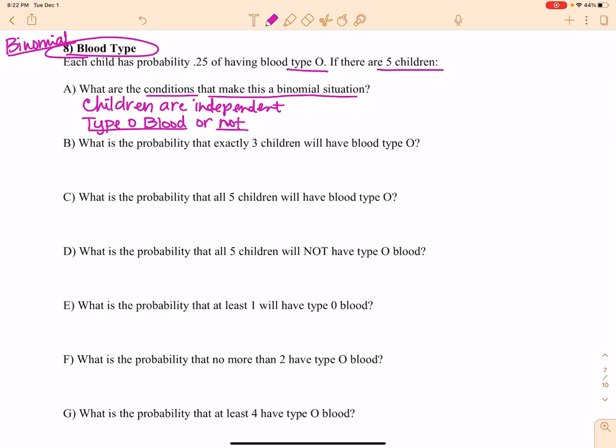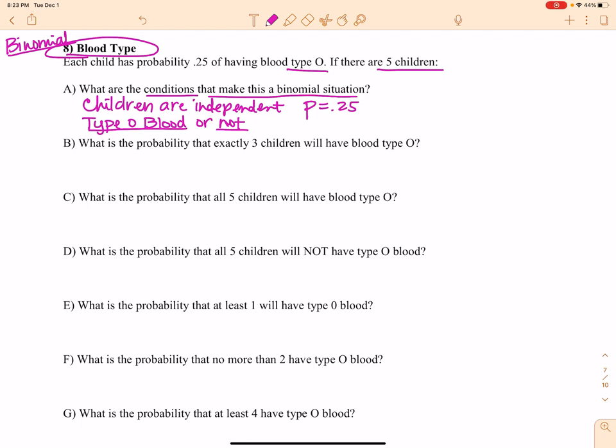Another condition is that the probability of success, or in this case the probability of having type O blood, has to be the same for each observation. We are told that the probability of a child having type O blood is 0.25, and there's no reason to assume that would change with each child. So that is consistent through the problem.